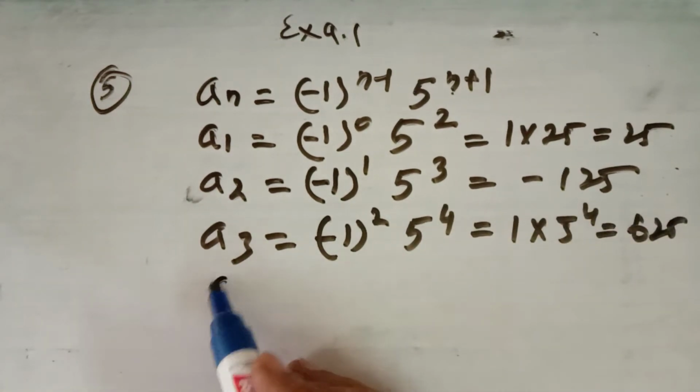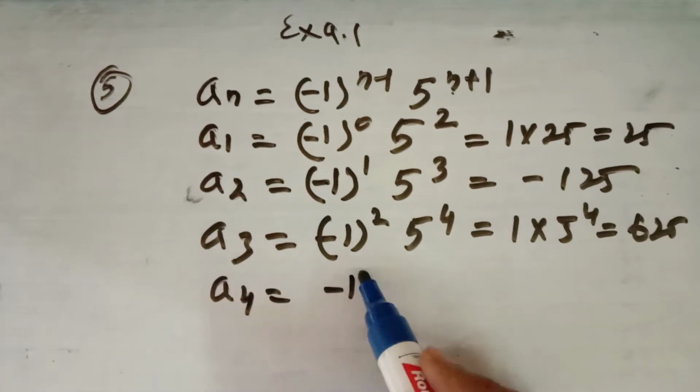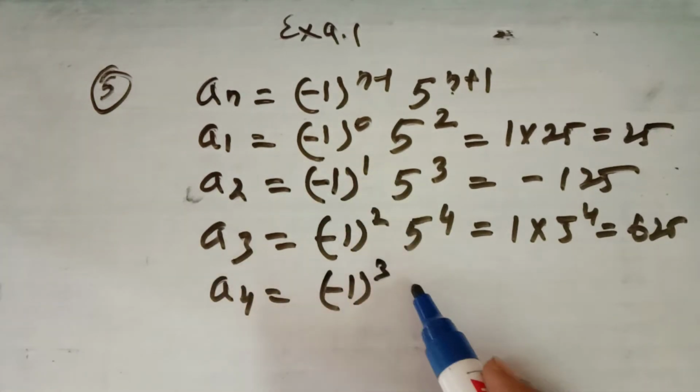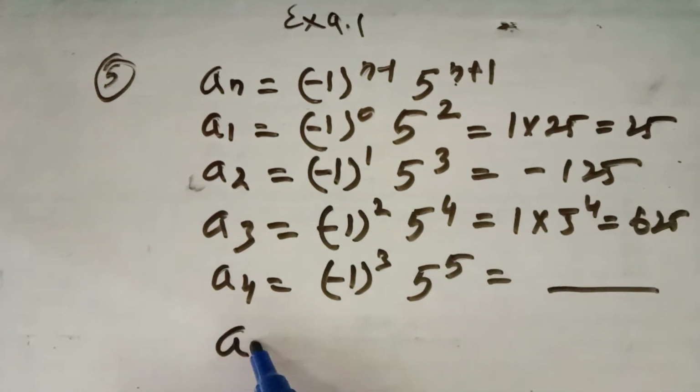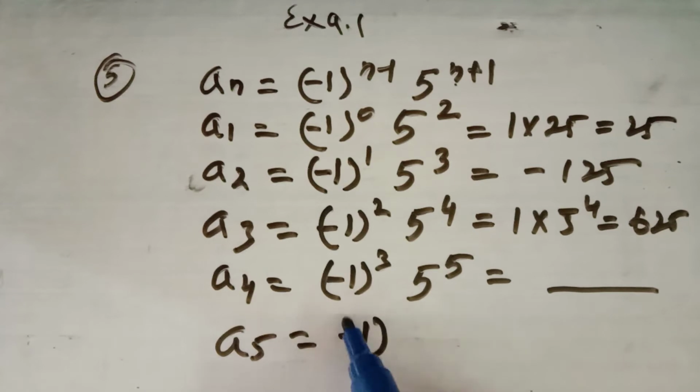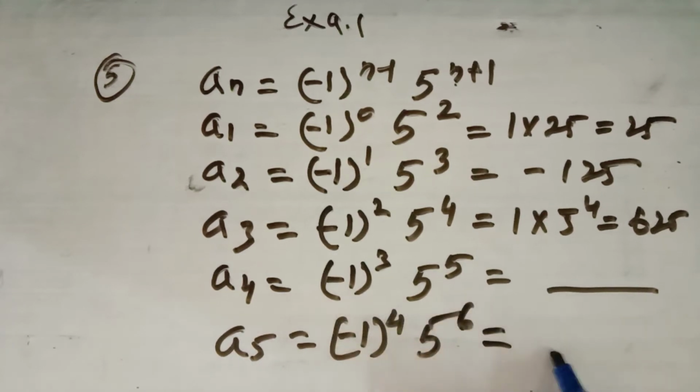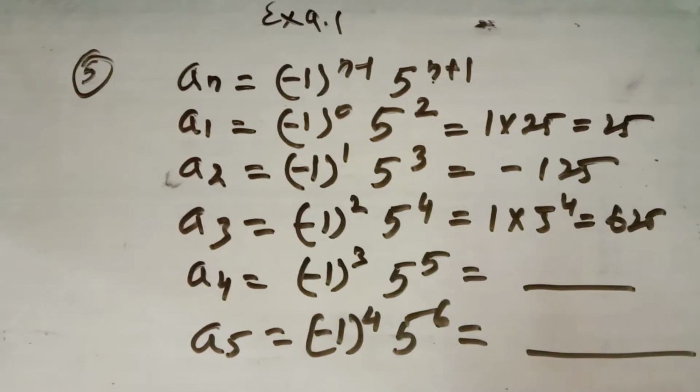And a4 is equal to minus 1 raised to power 4 minus 1, that is 3, and 5 raised to power 5, and you can simply find these terms, which is minus 1 raised to power 4 and 5 raised to power 6. So like this we have found the first 5 terms whose nth term is minus 1 raised to power n minus 1 into 5 raised to power n plus 1. You have to simply replace the values of n by 1 to 5.